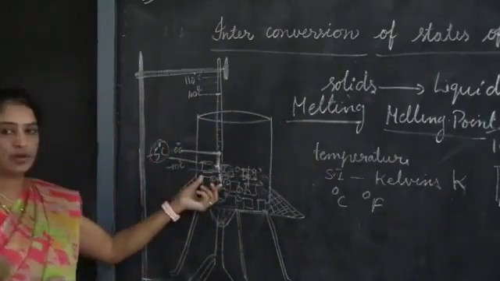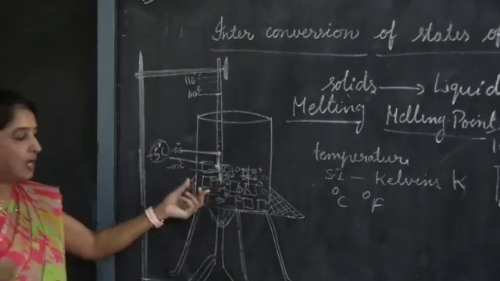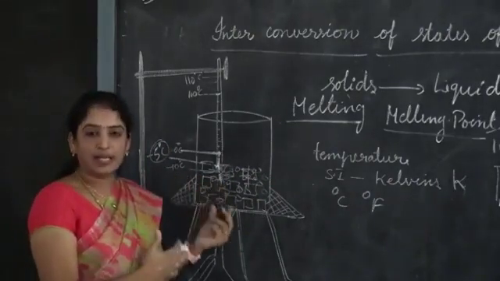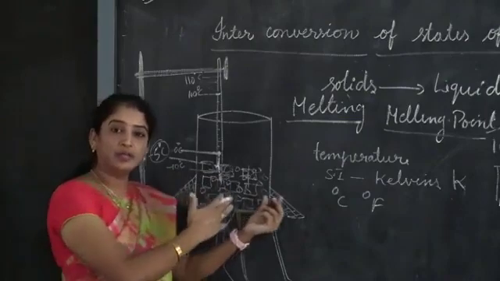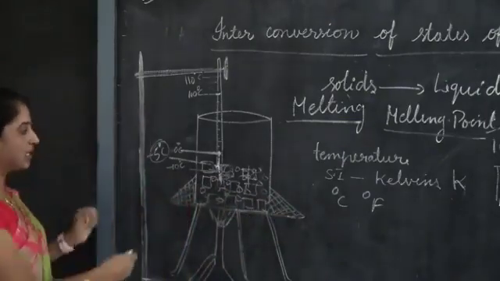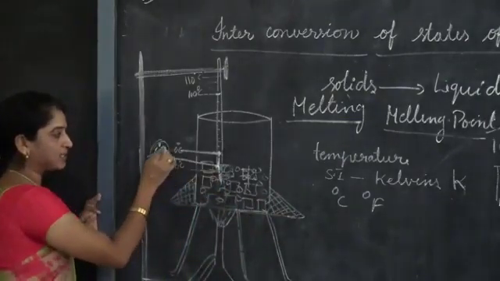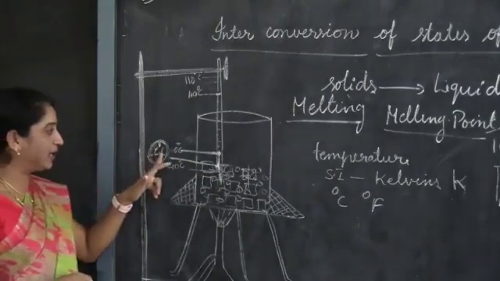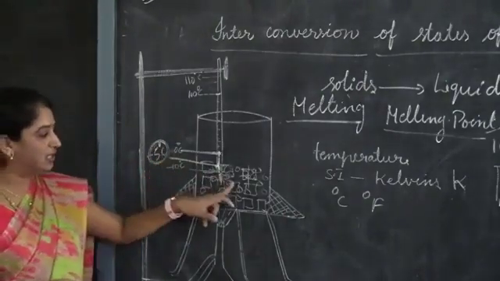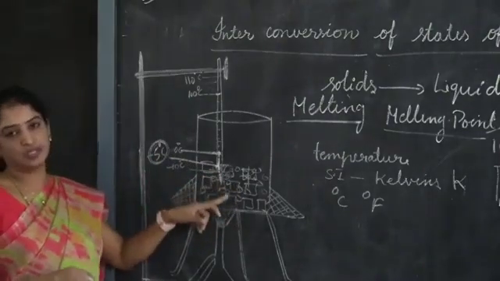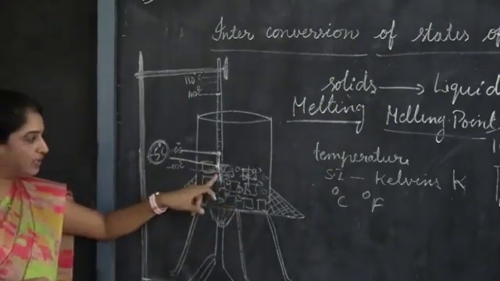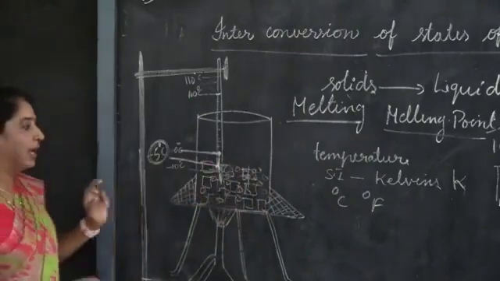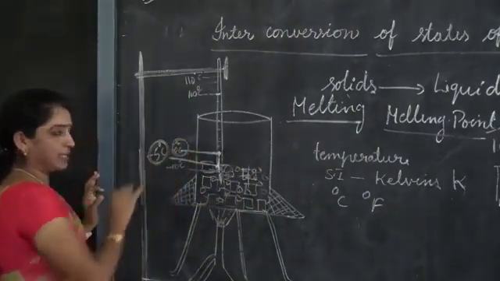Here ice is the solid form of water. So at what temperature does ice convert into liquid form? Initially the temperature of ice is -5 degrees centigrade. So at -5 degrees centigrade the water is present in the form of solid. It converts into liquid form at 0 degrees centigrade.